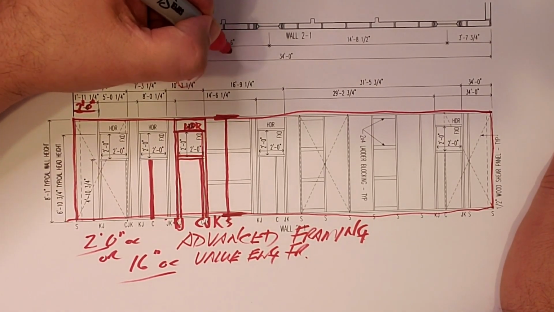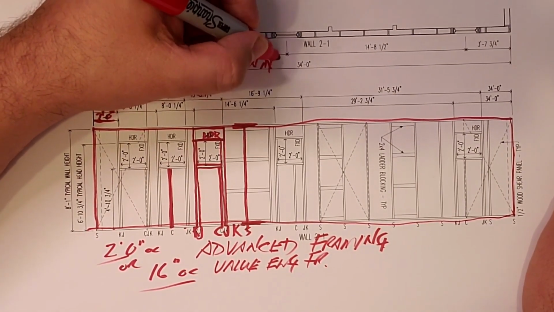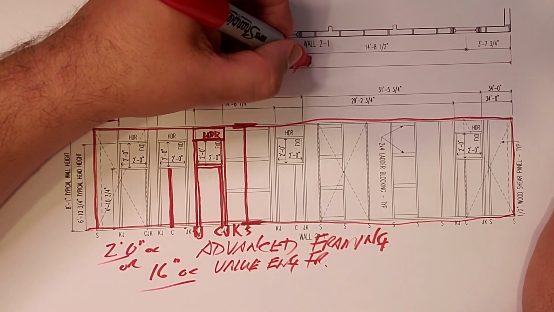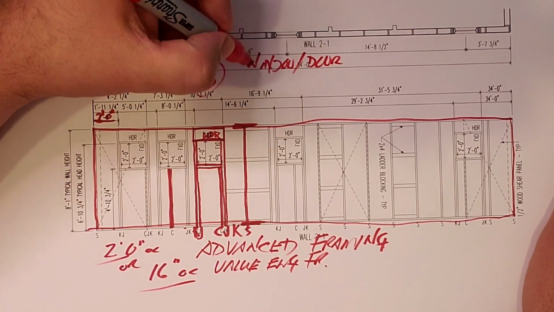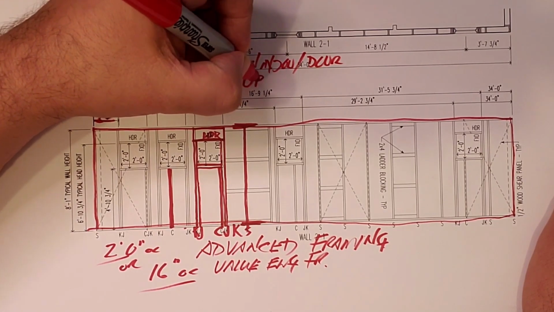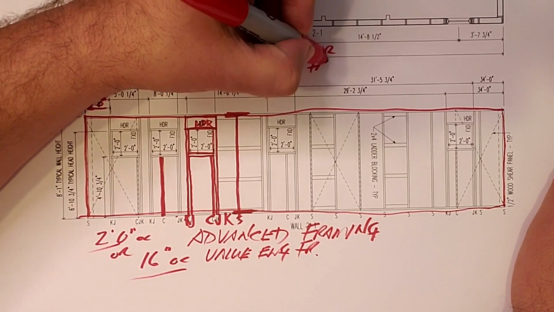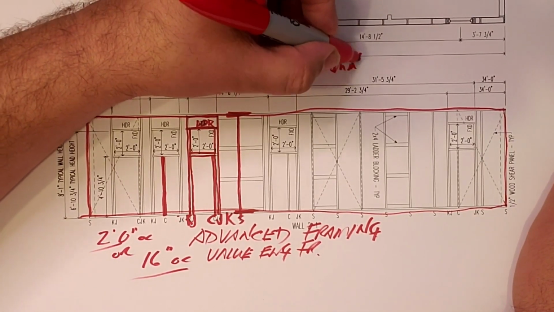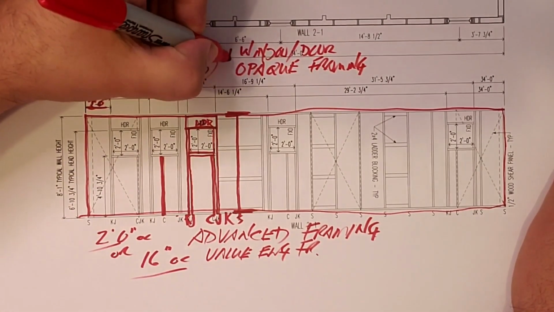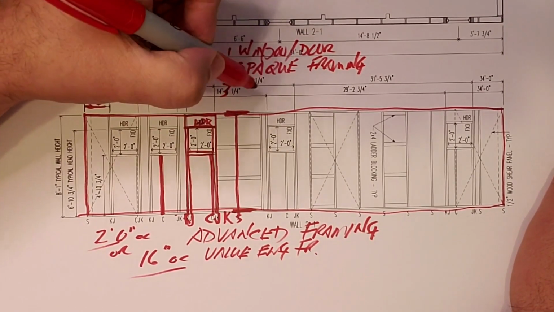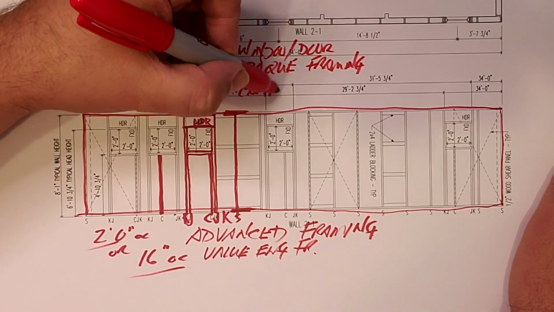There is the window and door area. There's what I call the opaque area, which is nothing more than the framing. And number 3 is the cavity area.